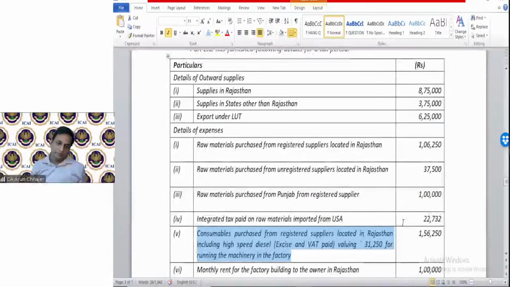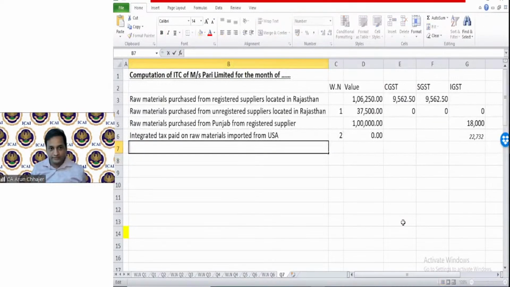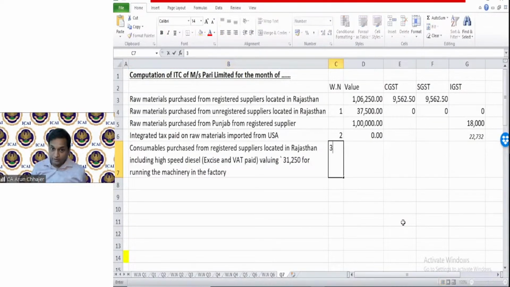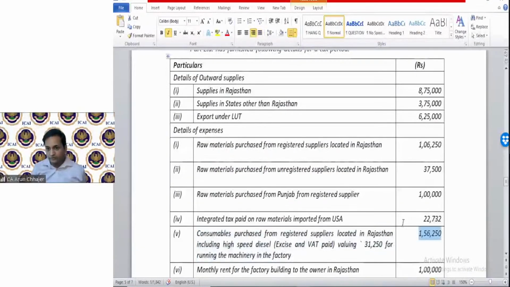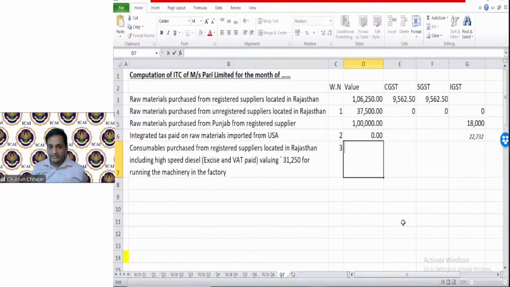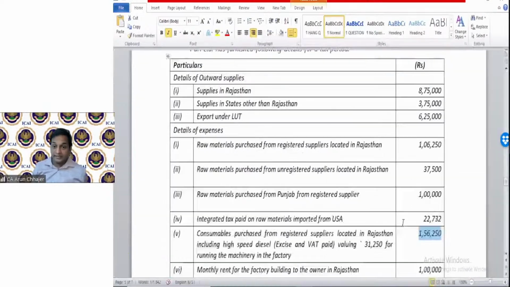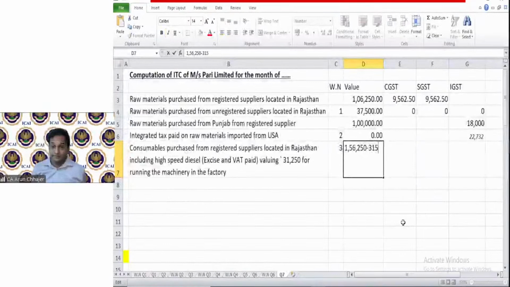Consumables purchased from the registered supplier located in Rajasthan, including HSD, on which excise duty is paid. What is the value of the HSD? 31,250, for running the machinery in the factory. Okay, so here you need to write the working note. What is the total value? 1,56,250 minus the value of the HSD, 31,250.